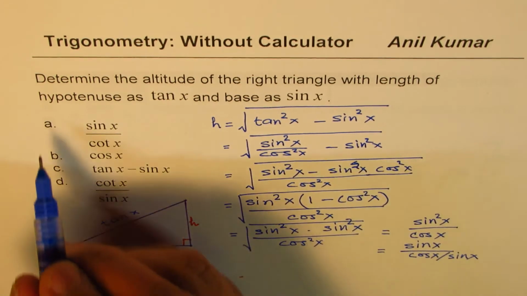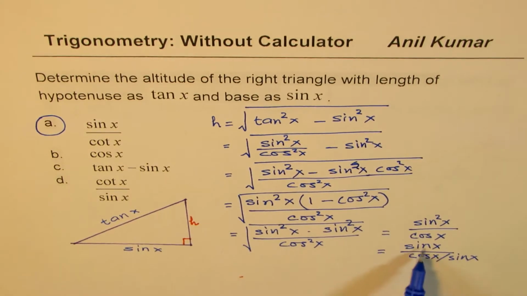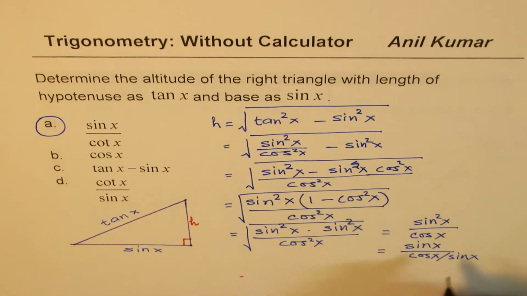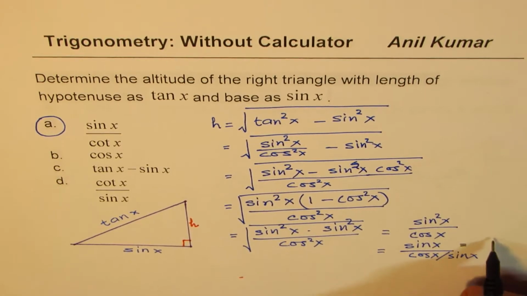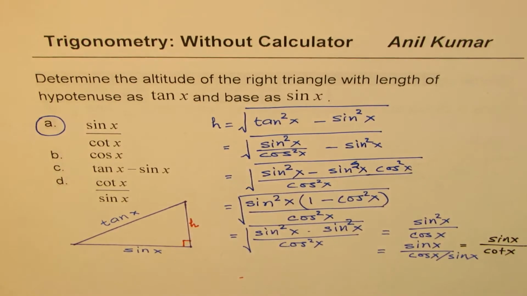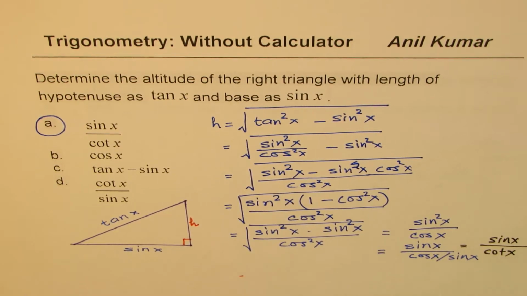So now I could say that option A is the right option. Since that gives me, so this is equal to sine x divided by cos over sine is cot x, which is our option A, right? So that is how we could actually solve this particular question.